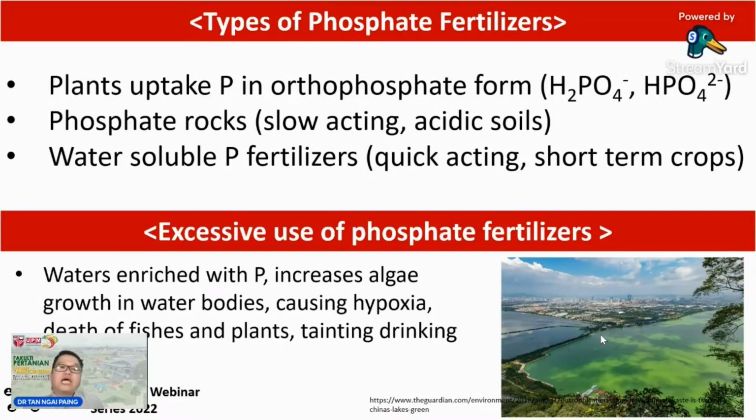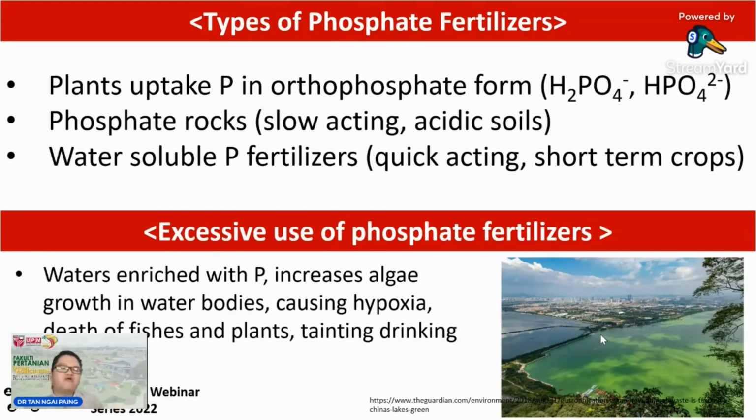When you buy a phosphate fertilizer, there are two types. One is phosphate rock and one is water-soluble P. Many of the farmers will be very aware of water-soluble P, and some of you are also aware of what phosphate rock is. So what's the difference?